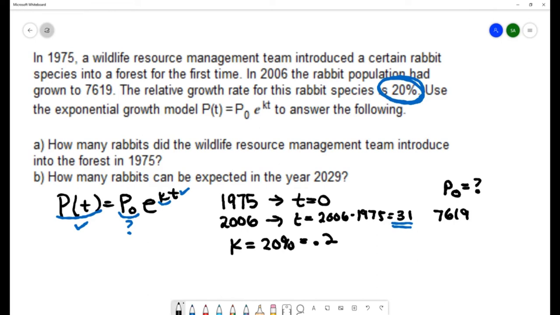So I can set up this equation as 7,619 equals P naught, which I don't know, e to the 0.2 times a time of 31 years. And I can solve this equation by dividing both sides by e to the 0.2 times 31.